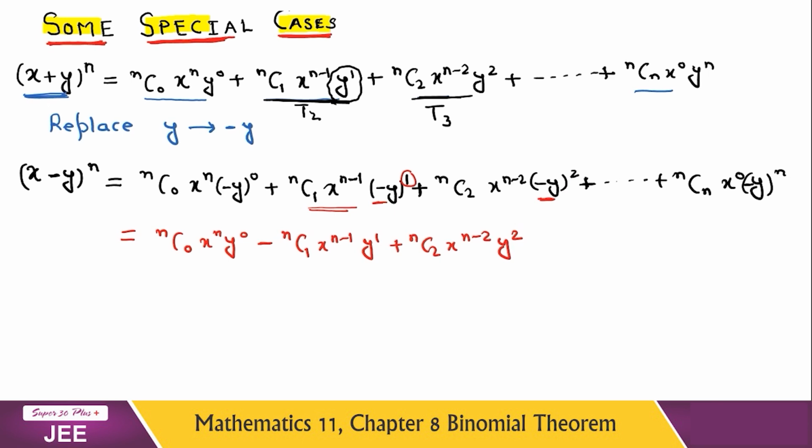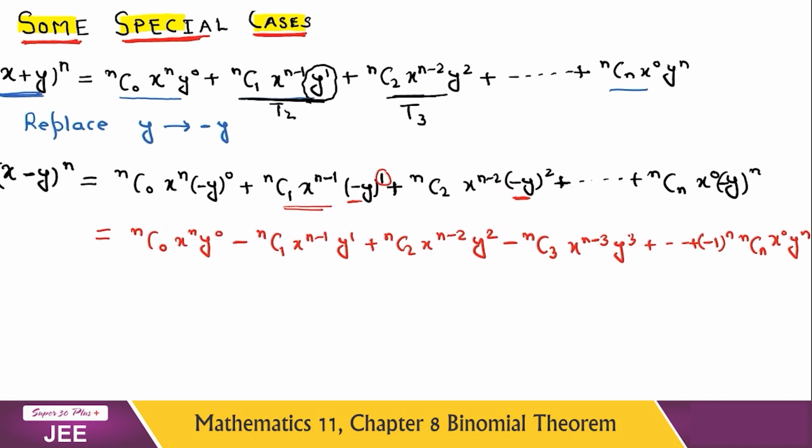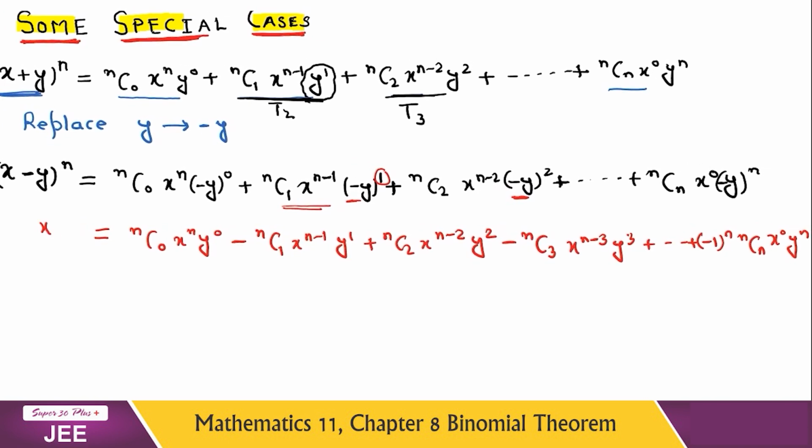But minus y raised to the power 3 and y raised to the power 3 differ by a minus sign. So the next term is going to be minus nC3 x raised to the power n minus 3 y raised to the power 3, and so on. And the last term becomes minus 1 raised to the power n, nCn x raised to the power 0 and y raised to the power n. Well, this becomes the expansion of x minus y whole raised to the power n.